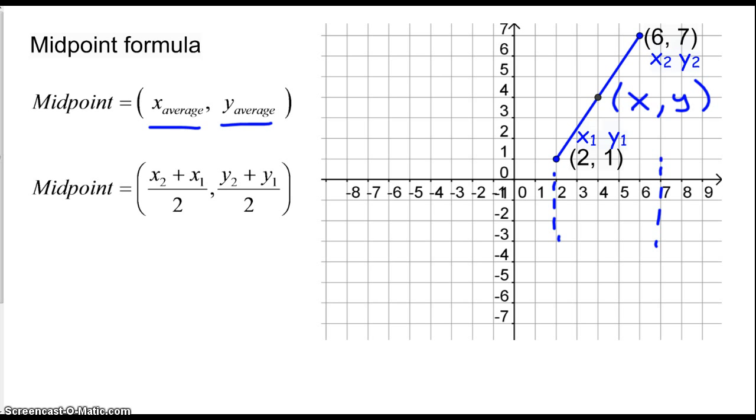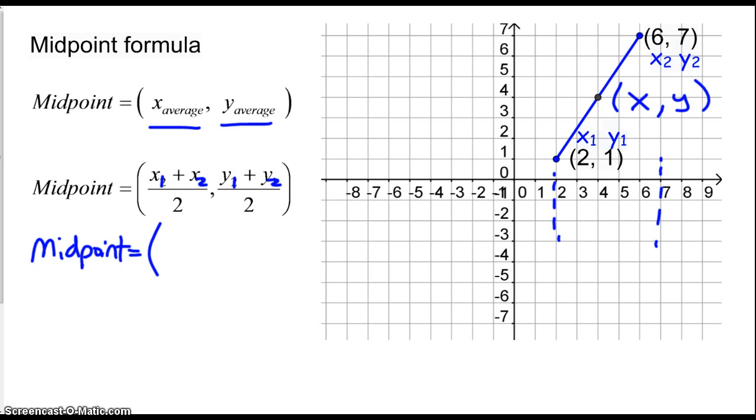And so it's the same thing, x1 plus x2. A lot of times these are reversed. It doesn't matter, right? We're just going to add the two x values up and divide by 2 to find the average, for both the x and the y. But again, you don't need to have the whole picture in order to use the formula.